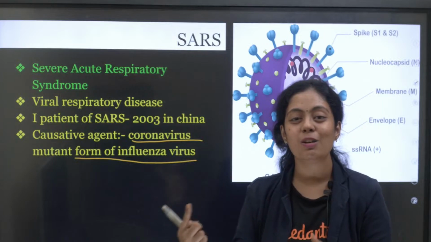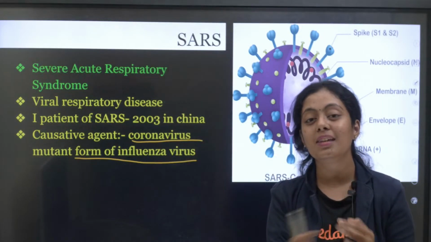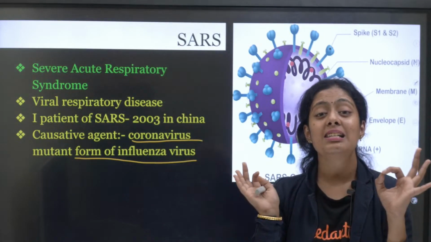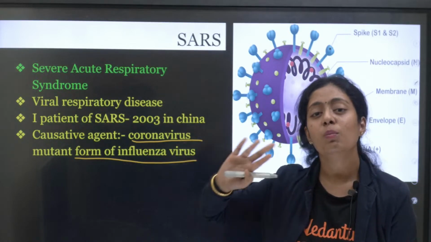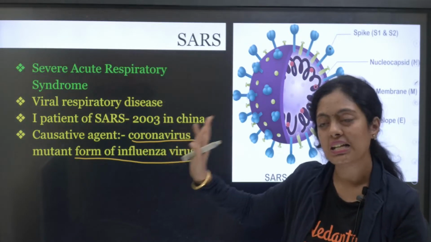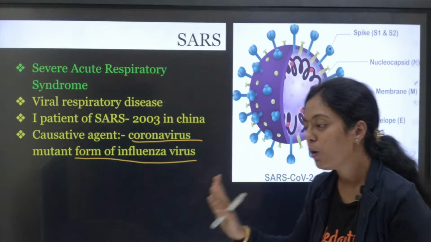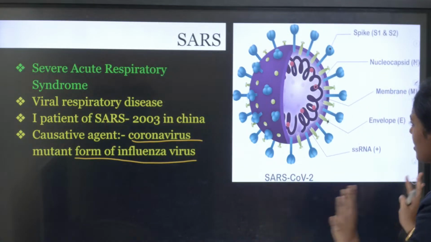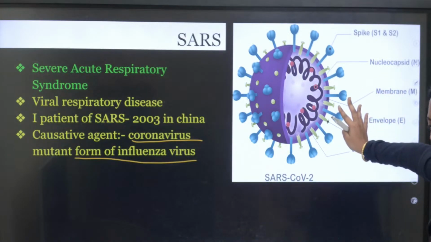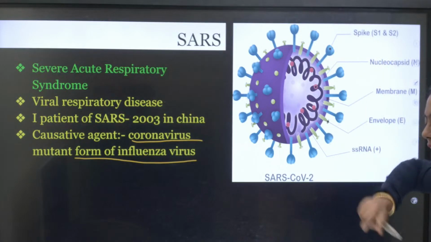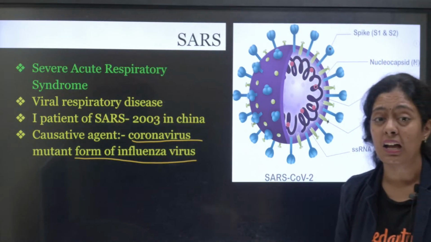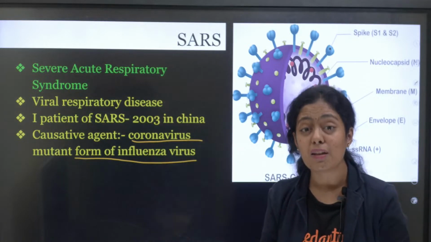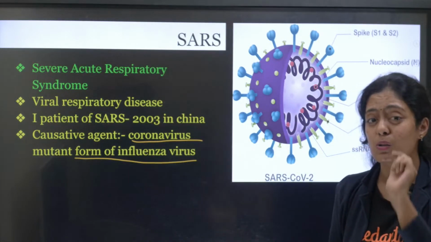After mutating you have delta, you have omicron, we have seen so many variants. After smallpox, the most deadly disease is this COVID virus. Look at its structure, it's very easy. It has a nucleocapsid, it has DNA or RNA, surrounded by a protein. That's all. So many people died because of this COVID virus, so many lives were affected just because of one virus.